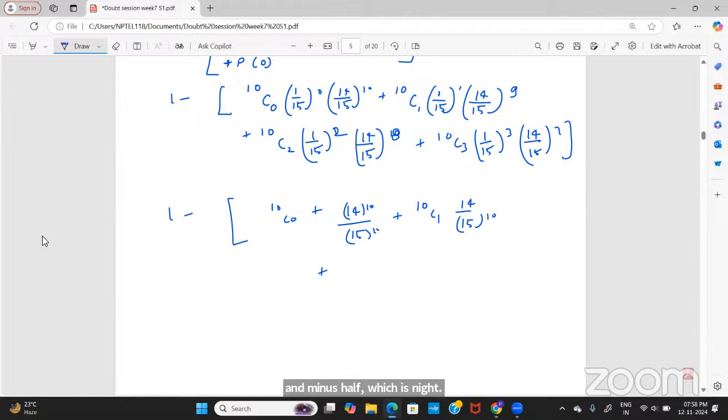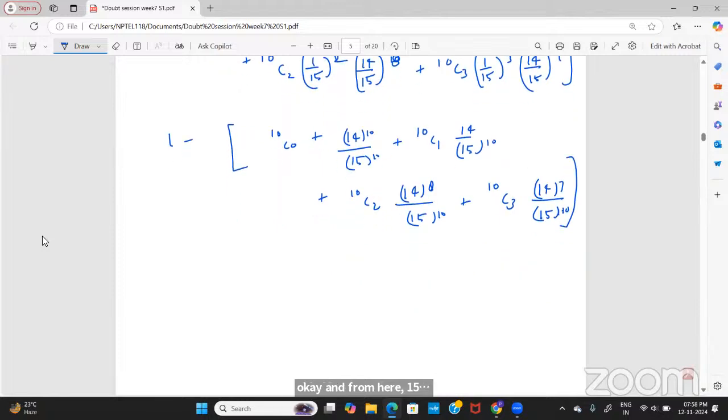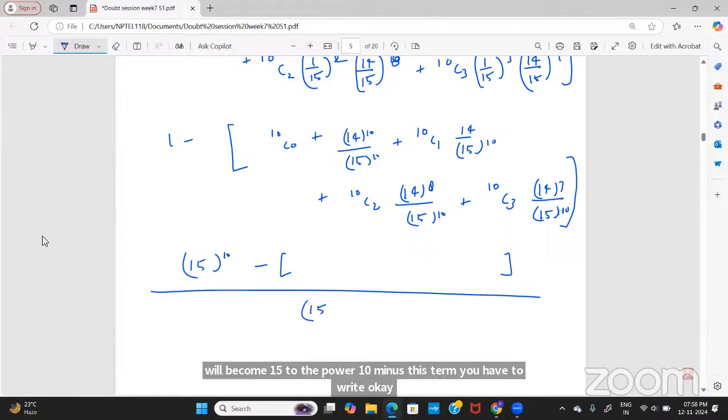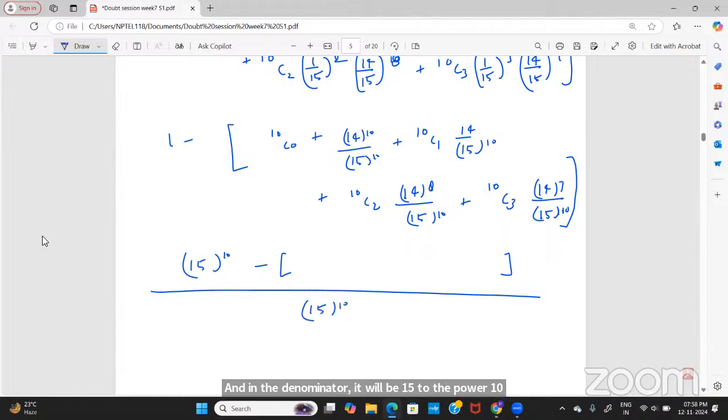Then 10C2, 14 to the power 8 divided by 15 to the power 10. And from here, 15 to the power 10 you will take common. So it will become 15 to the power 10 minus this term, and in the denominator it will be 15 to the power 10. So this is the term which is written here.